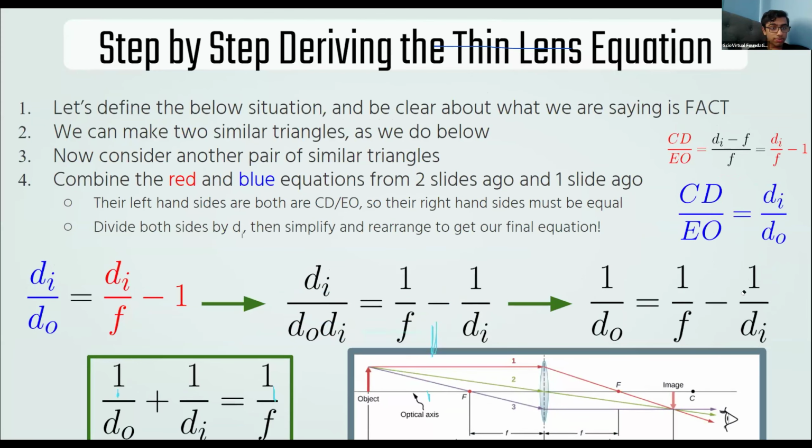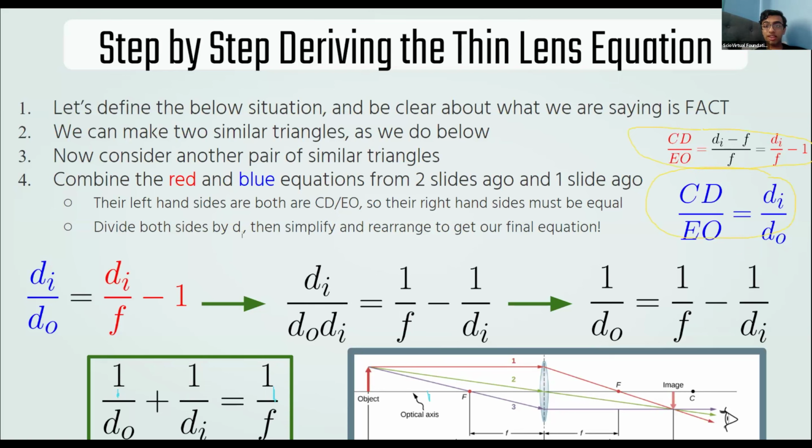So now what we're left with is just cleaning it up. So remember this top right equation, this equation right here that I just circled in yellow. That's from two slides ago. That's our red equation. This equation right here, also circled in yellow, is our blue equation that we got from the last slide. They both say CD over EO equals something.